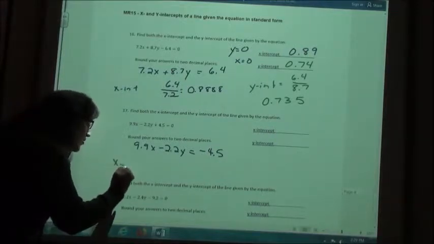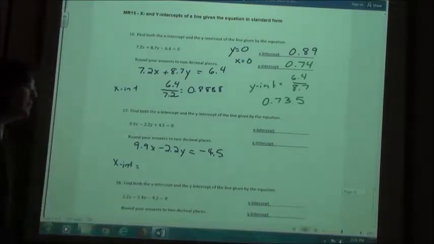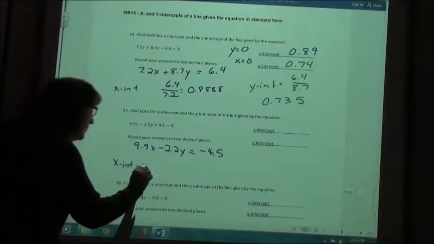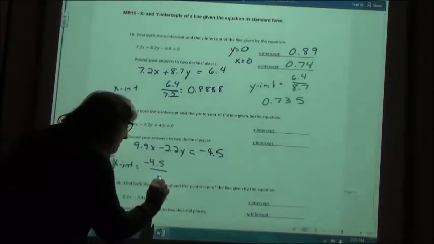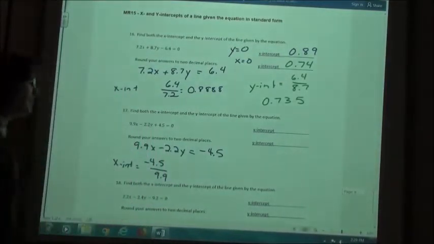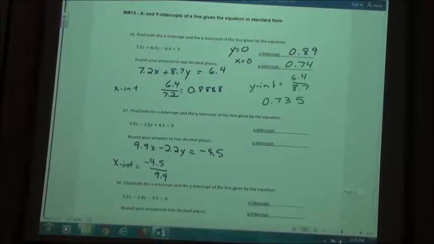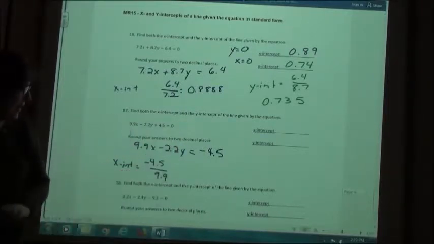So what am I going to do to find my x-intercept? Negative 4.5 divided by the 9.9 that's in front of my x. Y is 0, it's gone, so I just end up dividing.